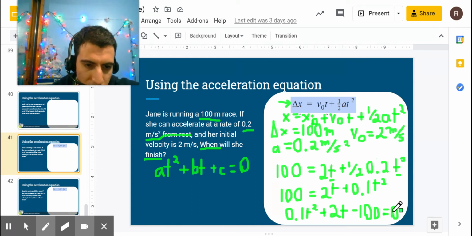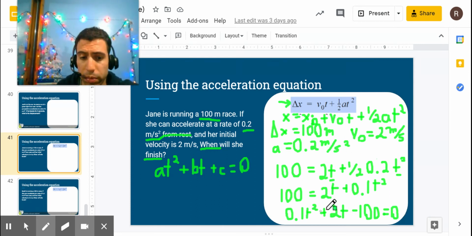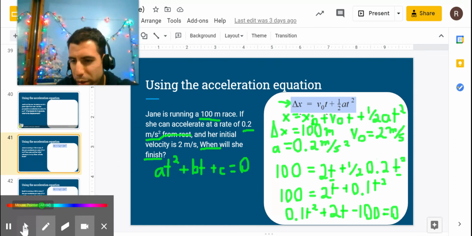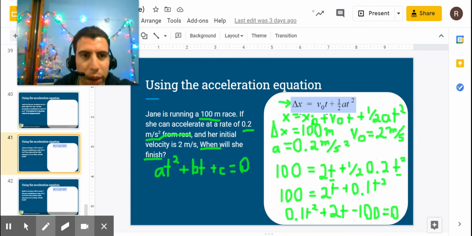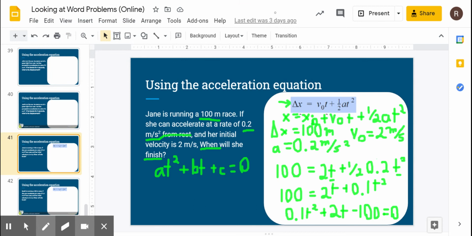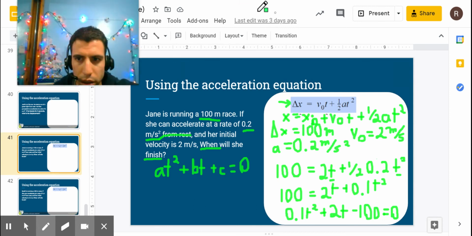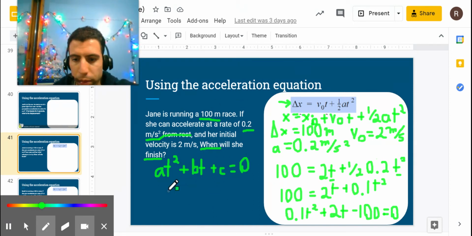Now I'm going to get answers here, but they're going to be very different. I can obviously go through polynomial theory, but I'm going to cheat a little bit in this example and move on to my best friend, Wolfram Alpha. Wolfram Alpha is going to spit out two answers for me.